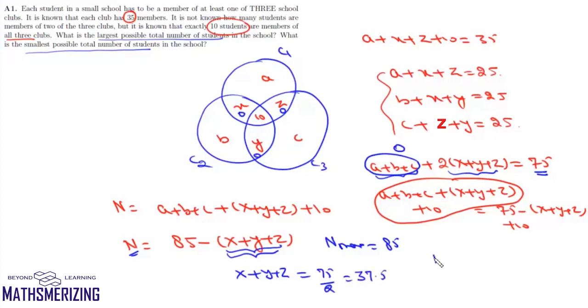So N minimum is 85 minus 37.5, which is 47.5. But N cannot be a fraction, so the smallest possible value of N is 48. So the largest possible number is 85 and the smallest possible number is 48, and that is the answer to this question.